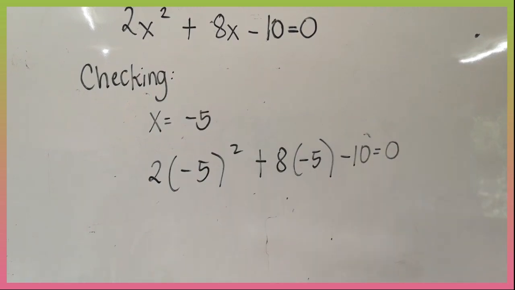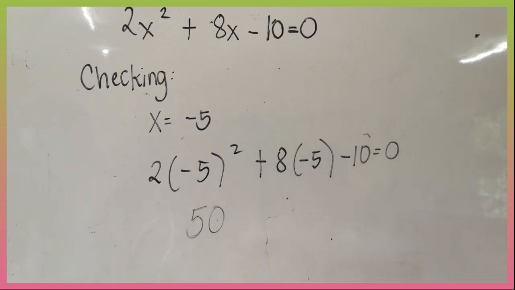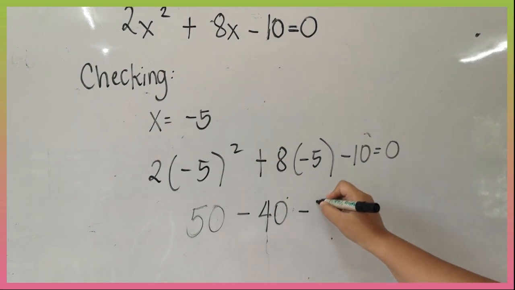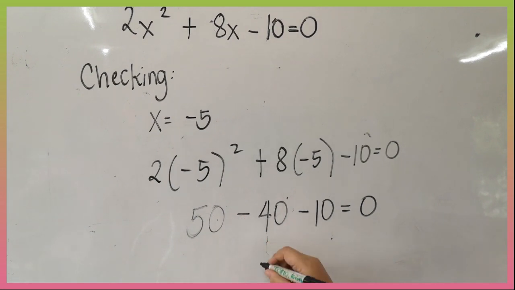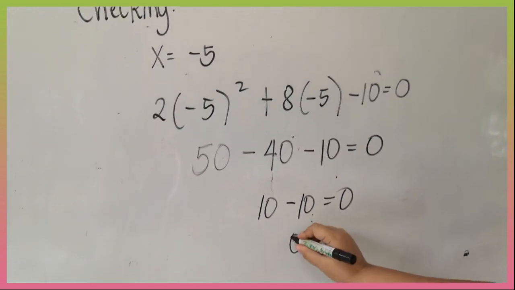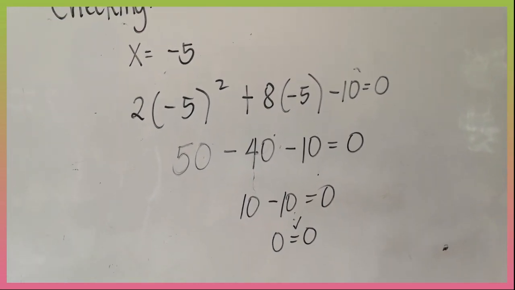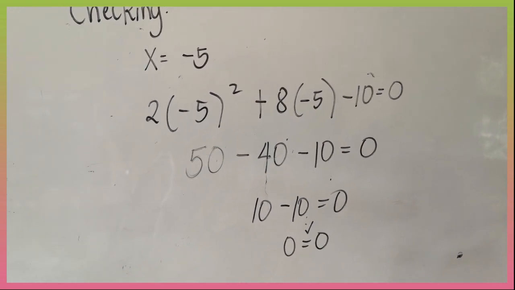So you have negative 5 squared is 25 times 2, it's 50. 8 times negative 5 is negative 40. Minus 10 is equal to 0. 50 minus 40 is 10. Minus 10 is equal to 0. So 0 is equal to 0. Therefore, your first value of x is 1 and the second value of x is negative 5.